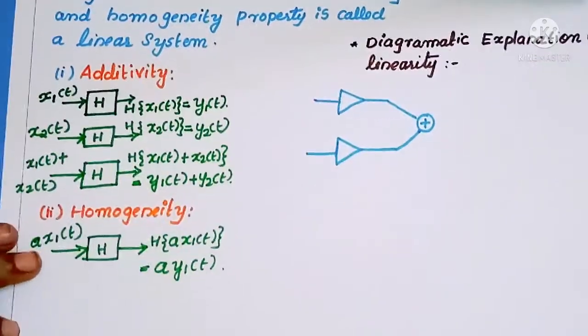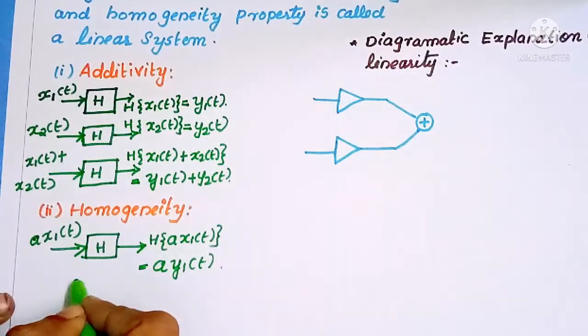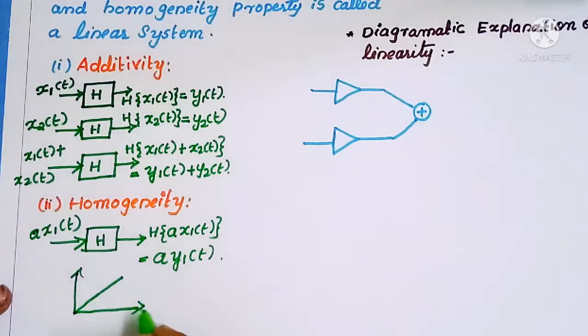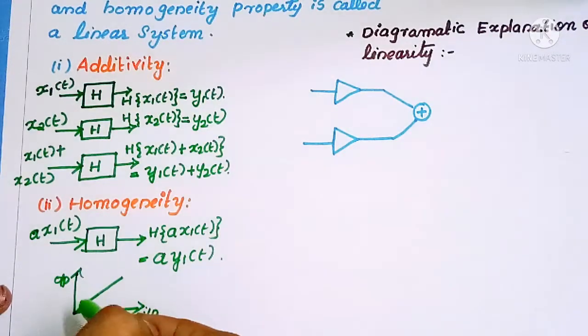Simply, what is the graphical representation of a linear system? This is output and this is input. That means the system responds with respect to the system input. When input increases, output also increases. If input decreases, output also decreases.